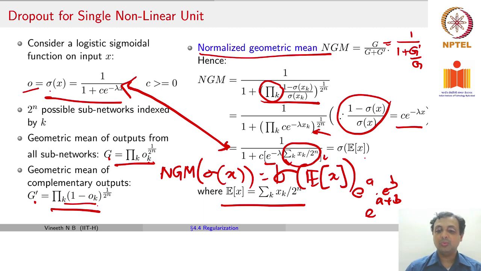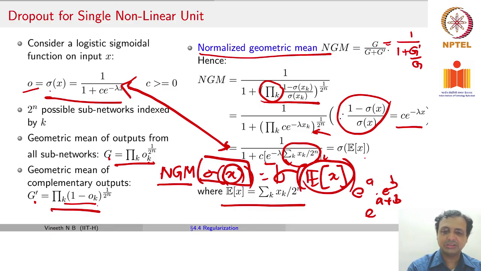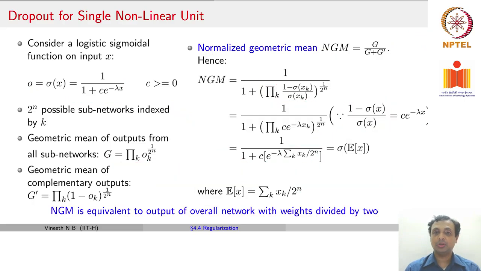So why is this important? We are saying now that if you sample these 2 power n models in some way, probably you consider only half of them at a particular point in time, simply multiplying the values of x by half will give you the same value. So we say that the NGM, or the normalized geometric mean, is equivalent to the output of the overall network with weights divided by 2.